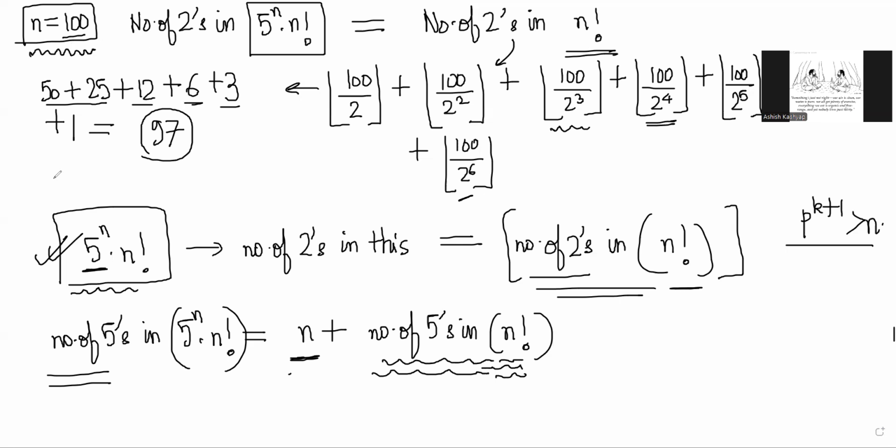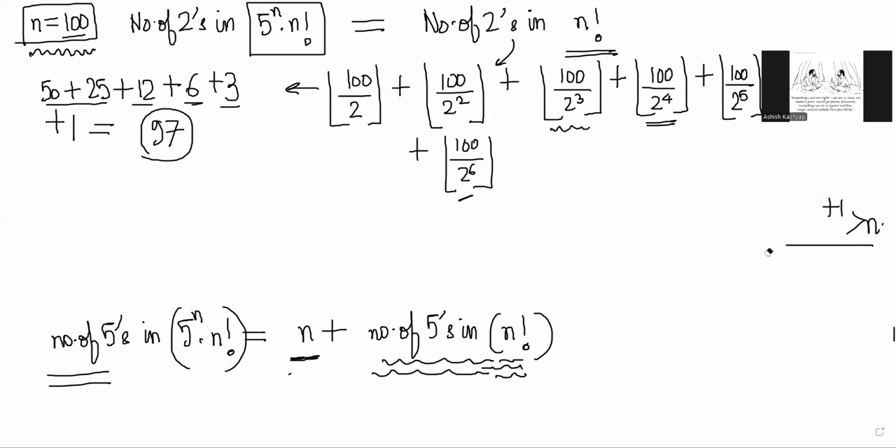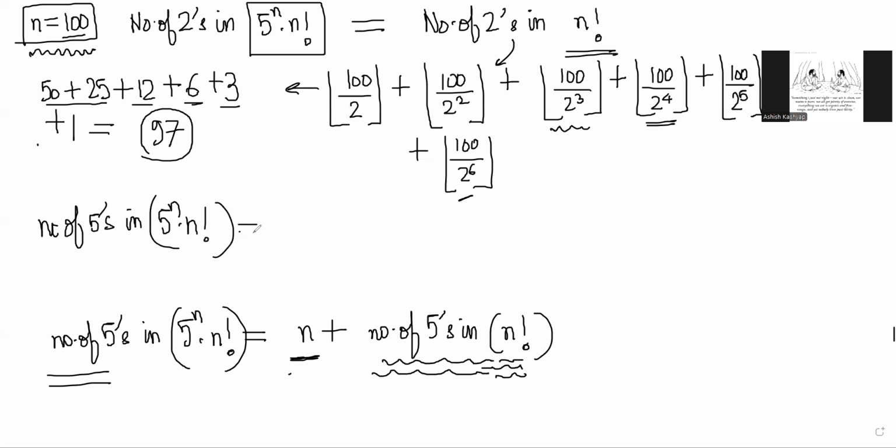And let's count the number of fives. How many fives will appear here? Let's count that. The number of fives in 5 power n into n factorial is equal to n plus the number of fives in n factorial.